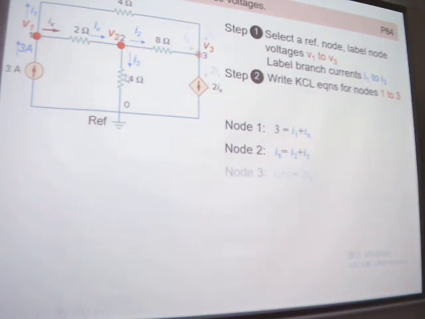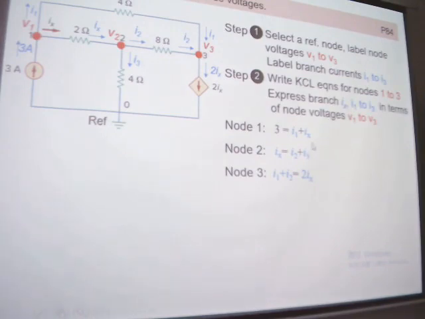Clear? And for node 3, our inside is I2 plus I1. Our outside is 2Ix. Clear? Because on this branch, we have a controlled source, and the value of the controlled source is 2 times Ix. So we'll just directly write it inside. Clear?